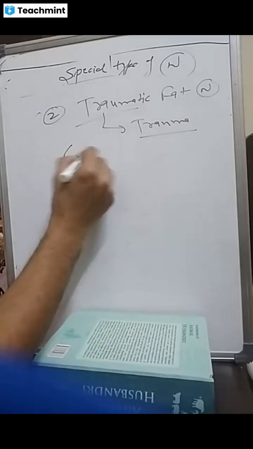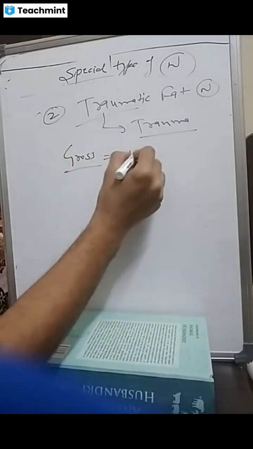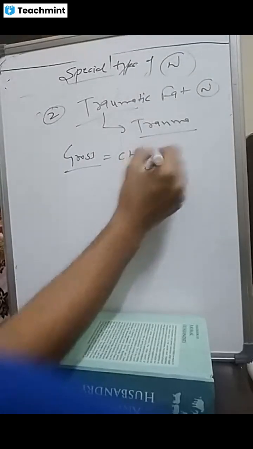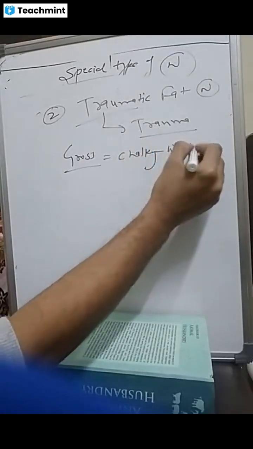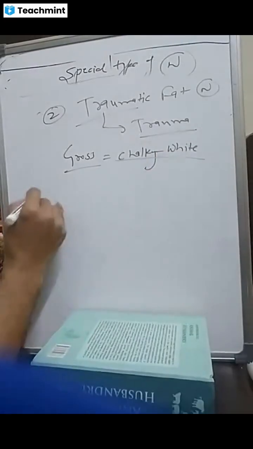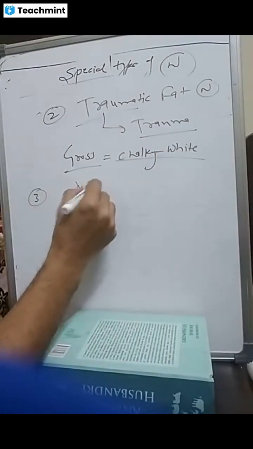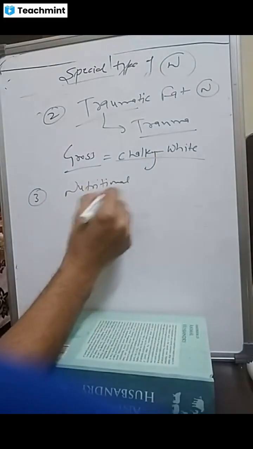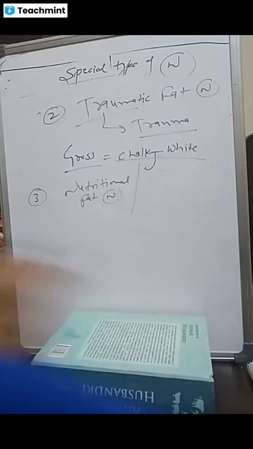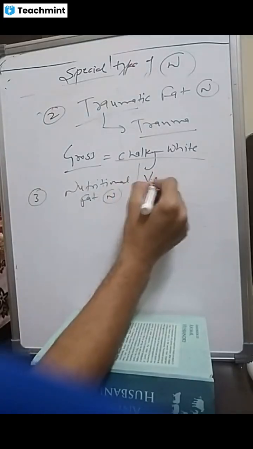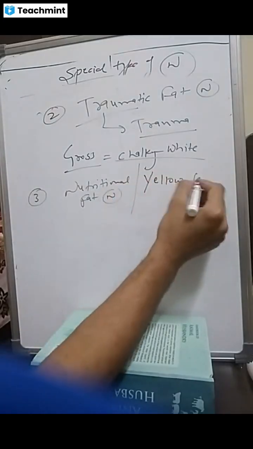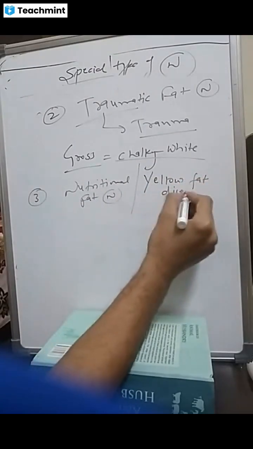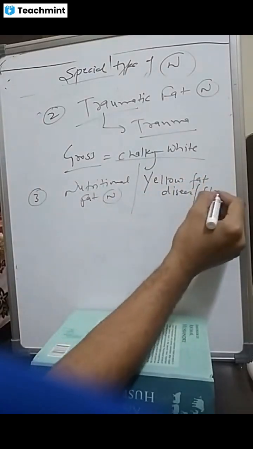The gross appearance in this also, because it is fat necrosis, is chalky white. Third is nutritional fat necrosis, which is also called yellow fat disease or steatitis.